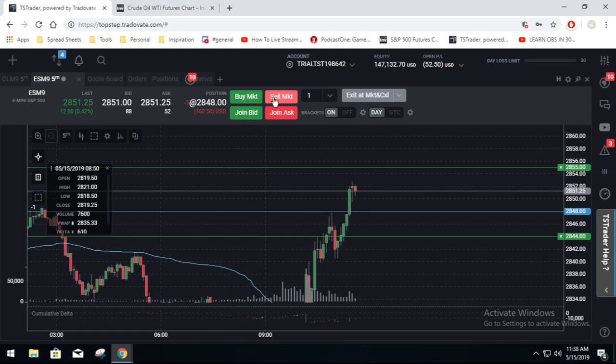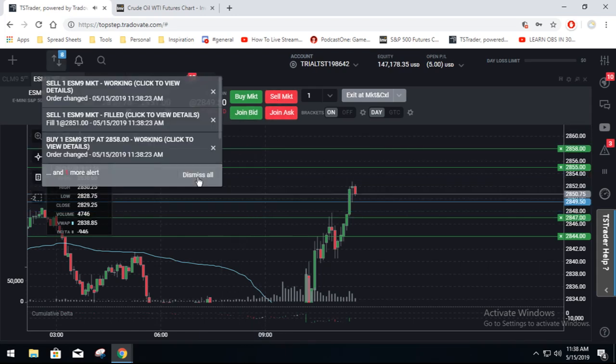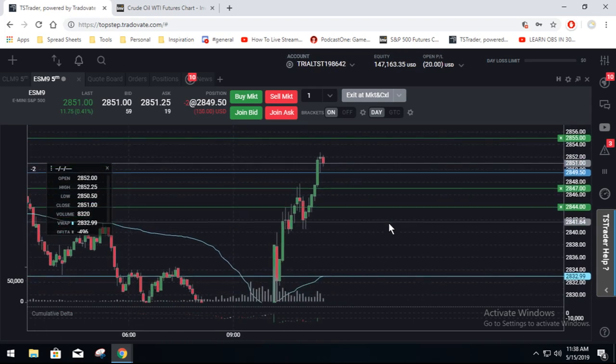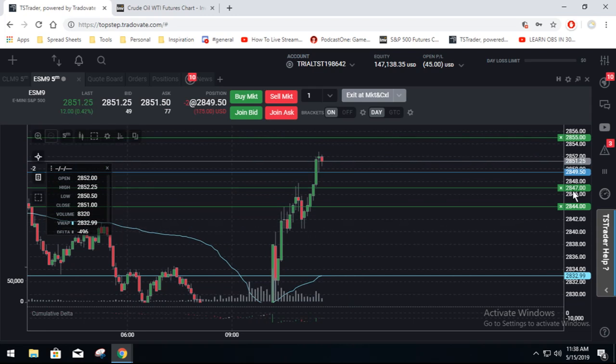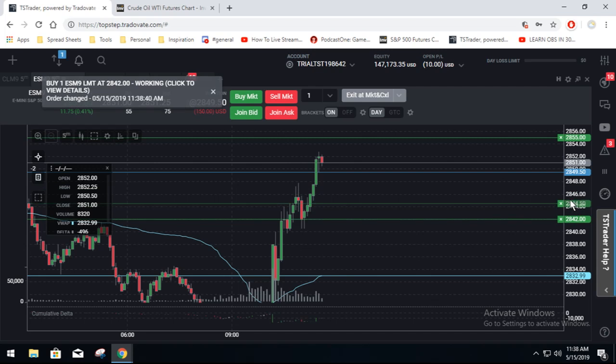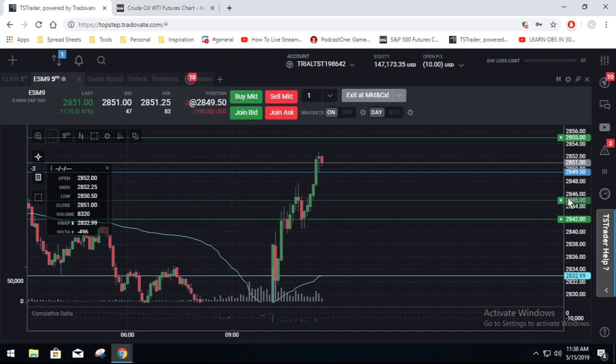Adding a second contract on for the London close trade. So it will give me a lot more leeway to be profitable. Look, the scratch, the 48s.